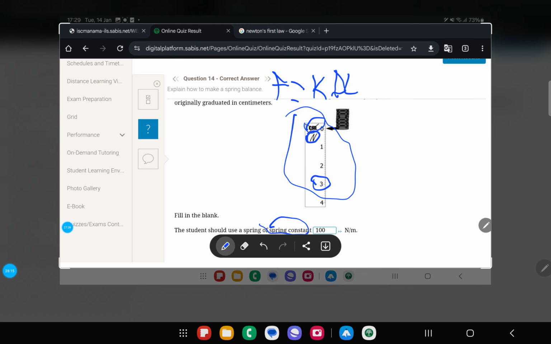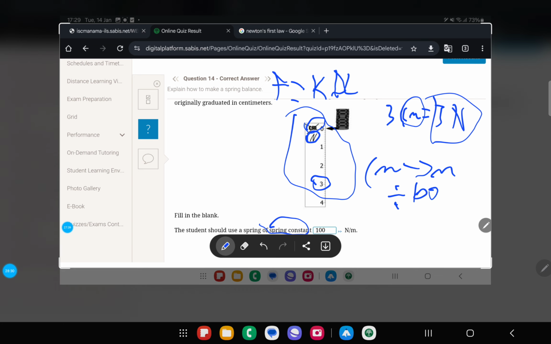Let's take 3, for example. This is 3 centimeter. At the same time, it is 3 Newton. We have force, but we don't have extension because it's in centimeter. We have to turn it from centimeter to meter, and to do that, we divide by 100. So 3 divided by 100 is 0.03. Now we have force as 3 and extension as 0.03.